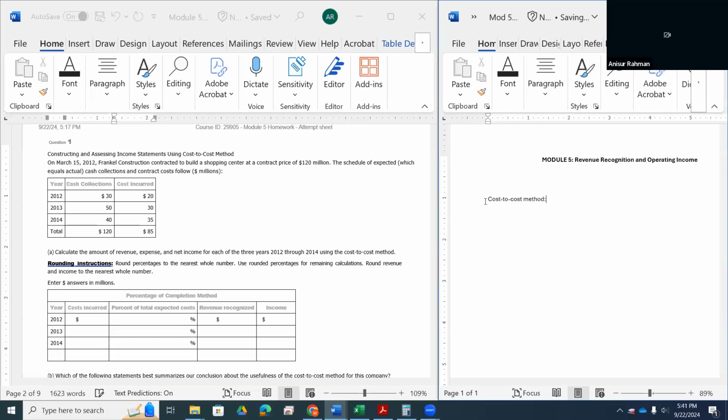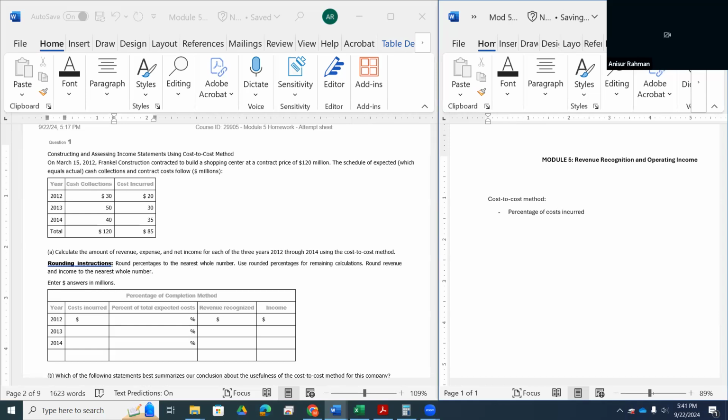Under the cost-to-cost method, you have to recognize revenue based on the percentage of costs incurred in a particular year. So, percentage of costs incurred.